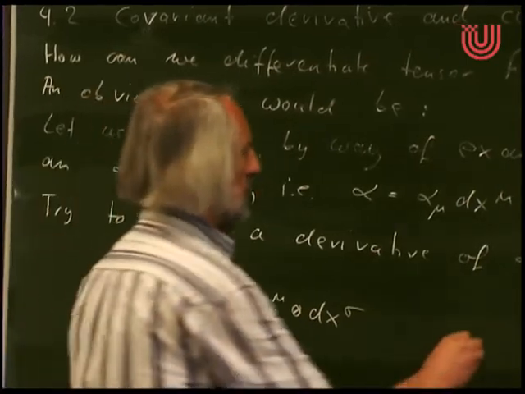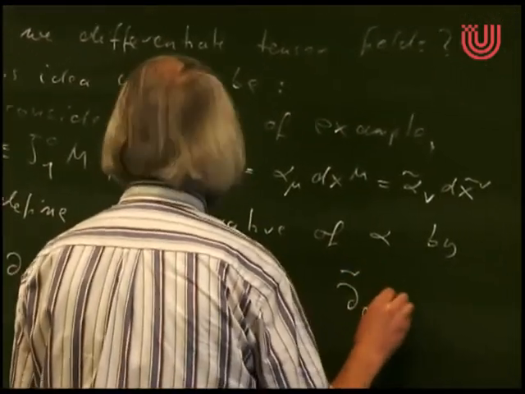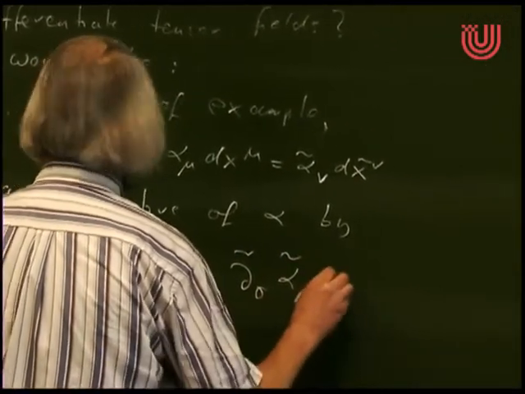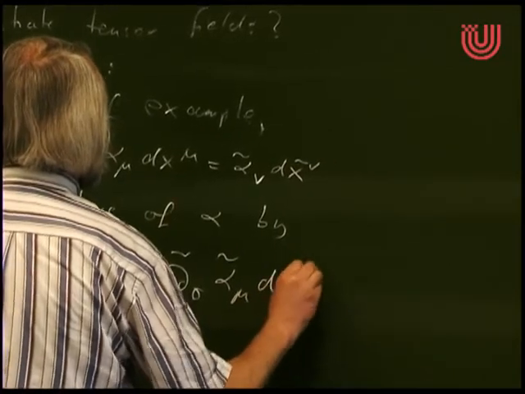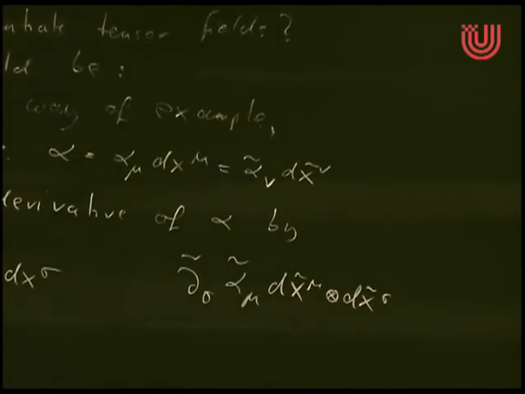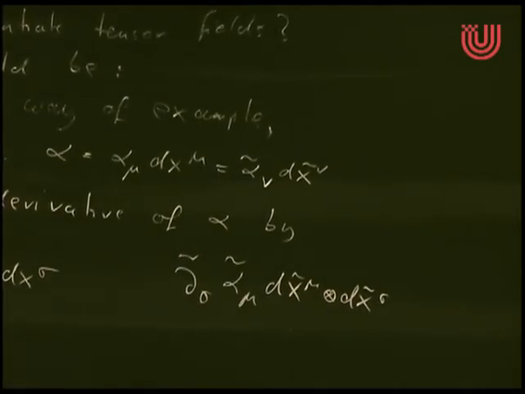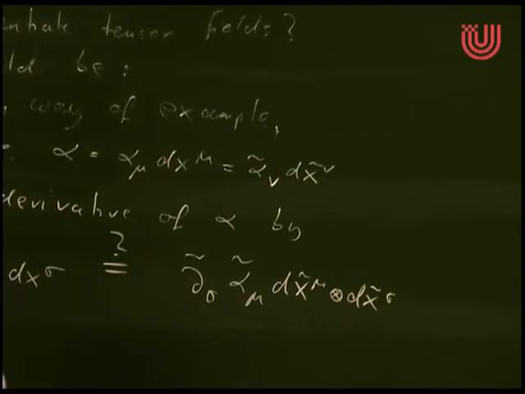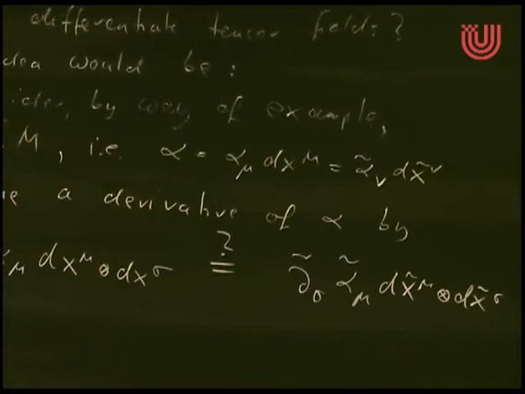So you would do d sigma twiddle, alpha mu twiddle, dx mu twiddle, dx sigma twiddle. And now ask yourself if this is the same thing.